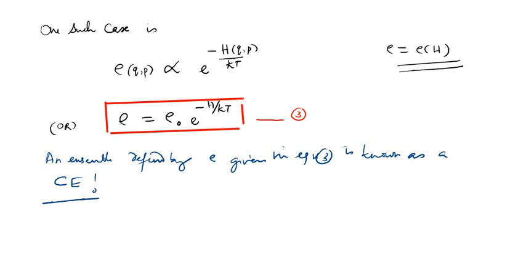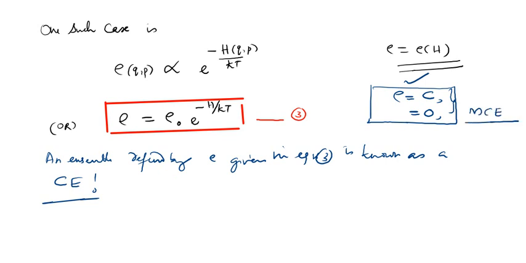Our conclusion is that for a microcanonical ensemble, rho is independent of q and p, meaning rho is equal to a constant in the relevant region of the phase space and rho is equal to 0 elsewhere. Any density function denoting a system in equilibrium which satisfies this condition is known as the microcanonical ensemble.